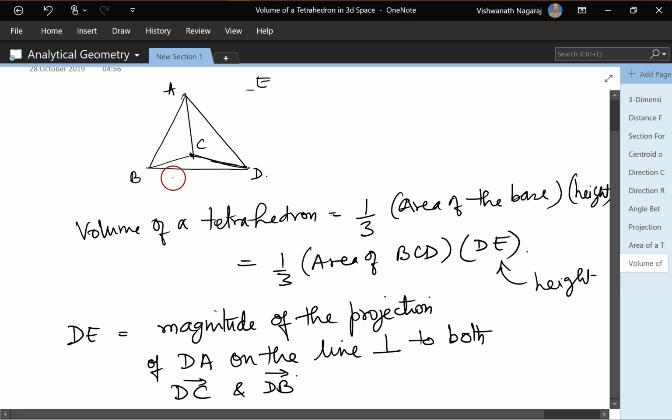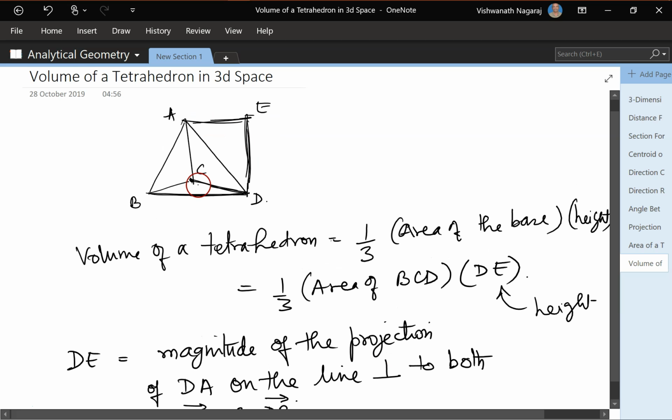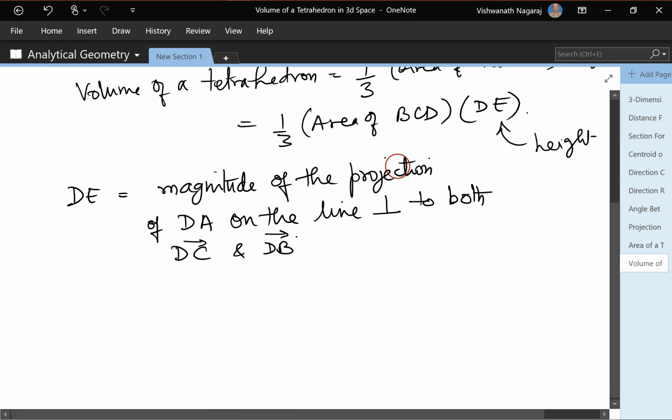And you have this. Perpendicular to both means what? In the third dimension, on this line, we want the projection of DA. First we take a line perpendicular to both BD and CD, and then we take the projection of DA, okay?